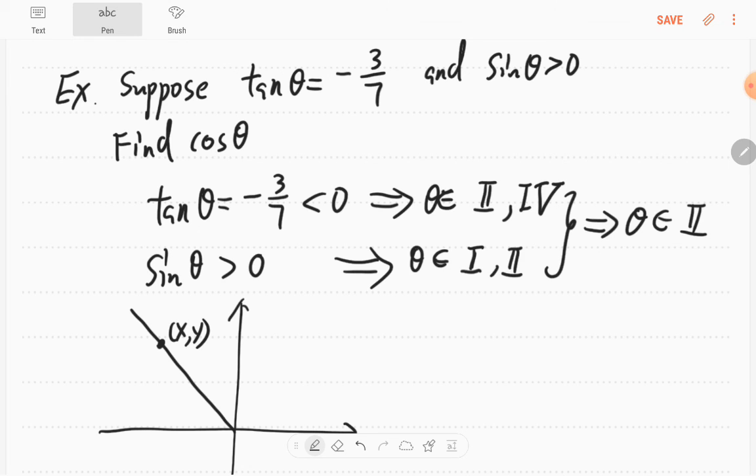So we can pick x, y to be what? The ratio to be -3/7. But keep in mind, in the second quadrant, x is always negative. So we can pick x to be -3, y to be 7. Of course, you can pick other numbers, but you need to keep the ratio to be -3/7, right? So this is a very convenient integers we can take.